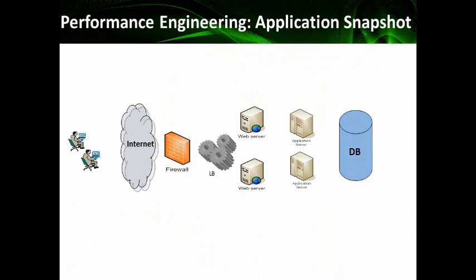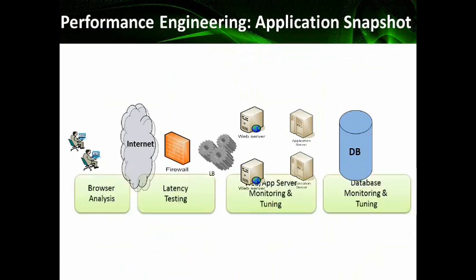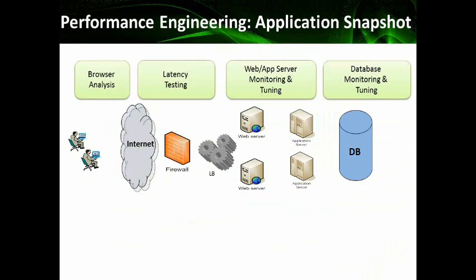So again, coming back to the high-level application snapshot, we analyze the bottlenecks as well as the latencies at different layers: browser analysis, latency, web and app server monitoring and tuning, and database monitoring.